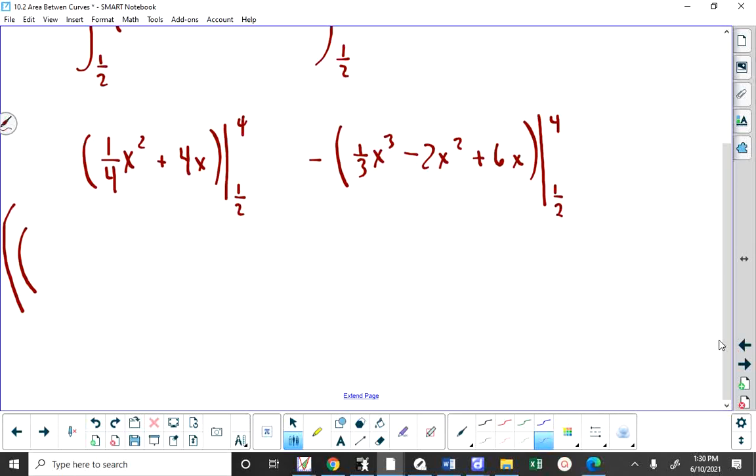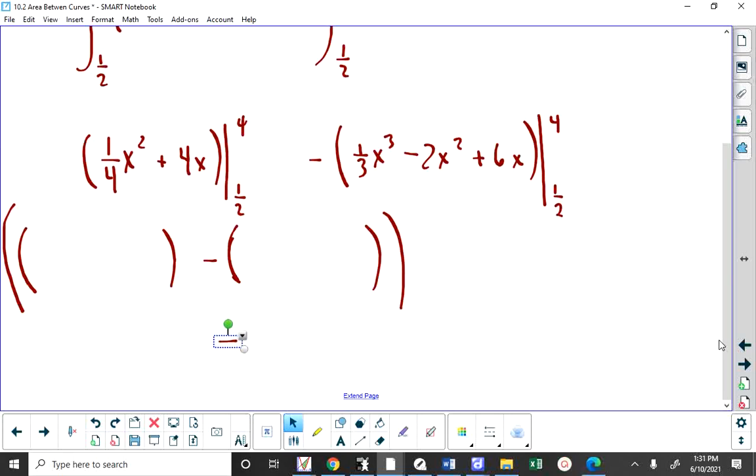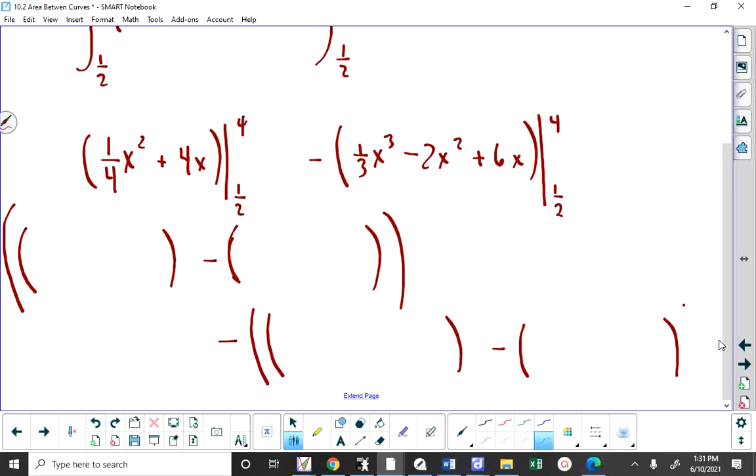So I'm going to put in 4 and subtract what I get when I put in 1/2. Then I have to subtract this one, which will be what I get when I put in 4 minus what I get when I put in 1/2. See what I'm getting at here? There's a lot going on.